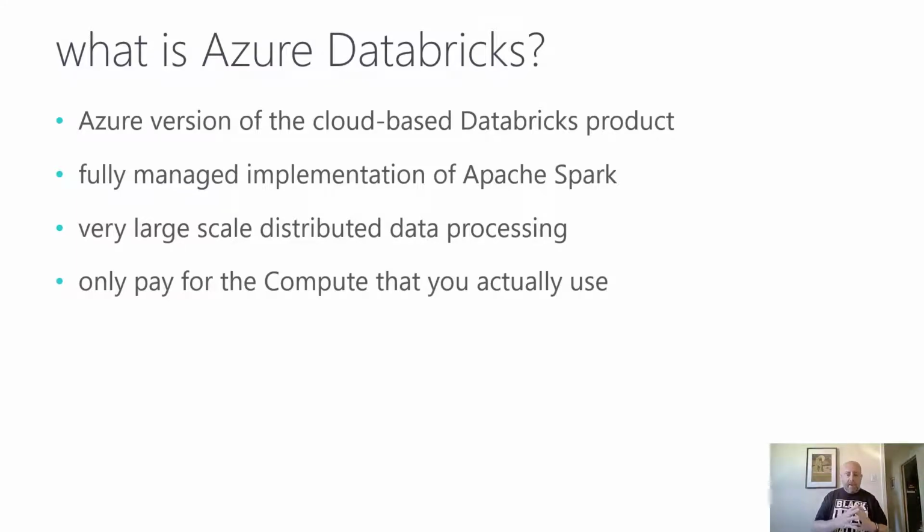So what is Spark? It's a tool or a framework for processing very large amounts of data by distributing this processing across a large number of machines. Now, Spark is fully open source, so you could set it up yourself and run it for free if you're an expert in networking and container technologies and things like that. But we can do all that provisioning in the Azure cloud with just a few mouse clicks.